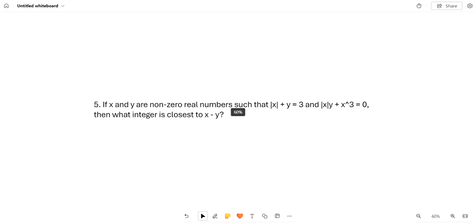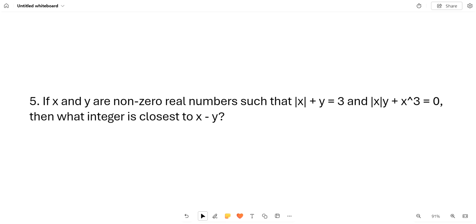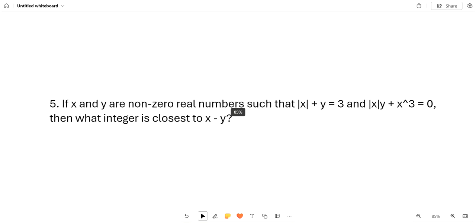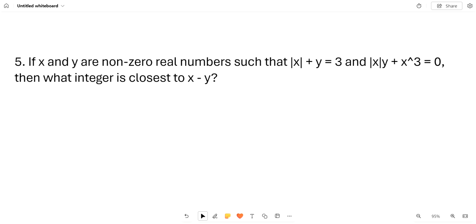So we also have question 5, and question 5 says, if x and y are non-zero real numbers such that x absolute value x plus y equals 3 and absolute value y plus x cubed equals 0, then what integer is closest to x minus y? So first we can see which ones are positive and which ones are not.